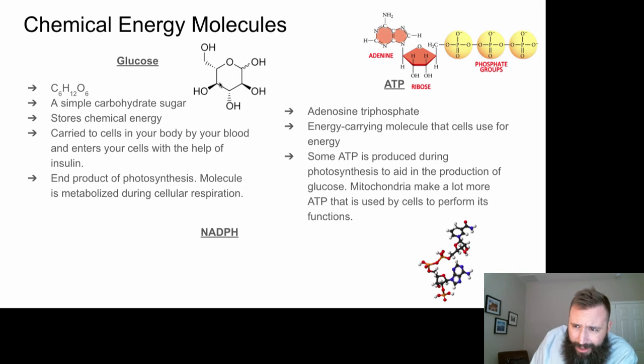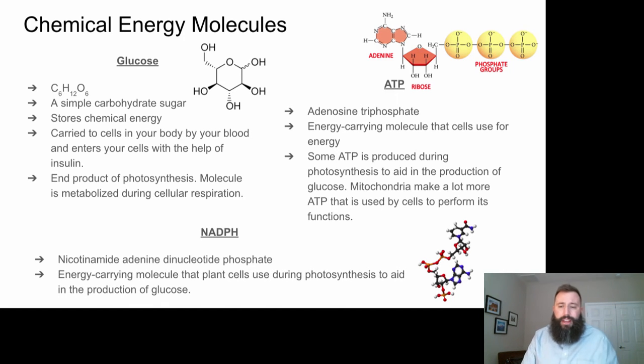Another chemical energy molecule that is used during photosynthesis is called NADPH. It looks like this molecule here on the right-hand side of your screen. It stands for nicotinamide adenine dinucleotide phosphate, and it's an energy-carrying molecule that plants use during photosynthesis to aid in the production of glucose.